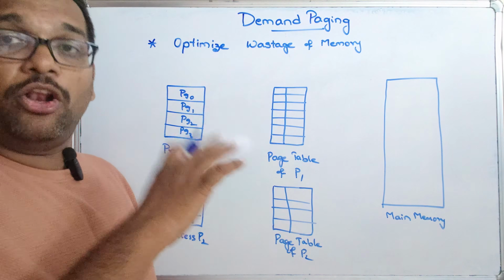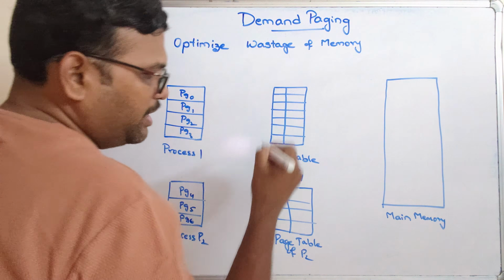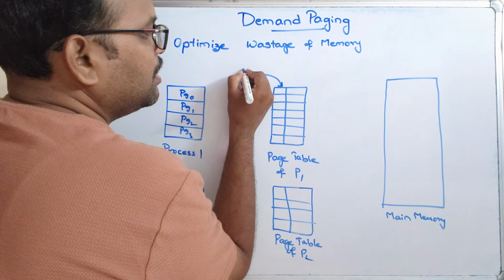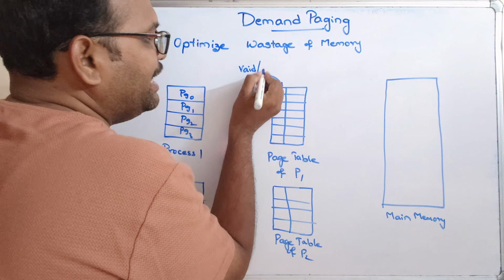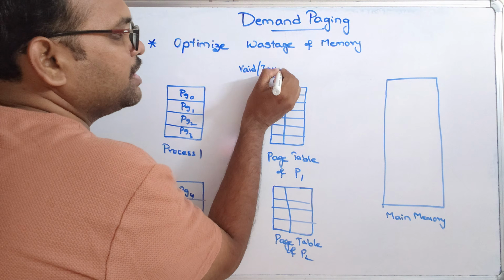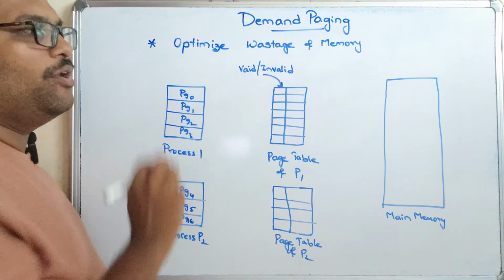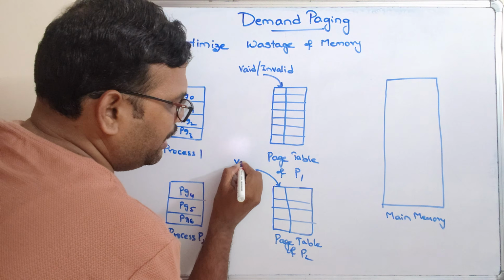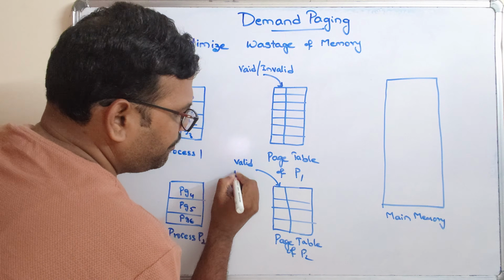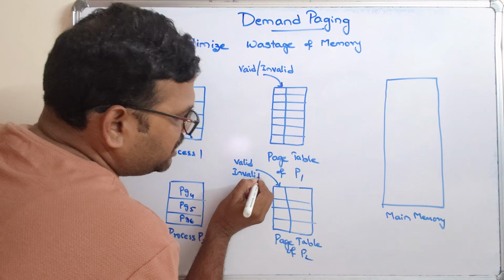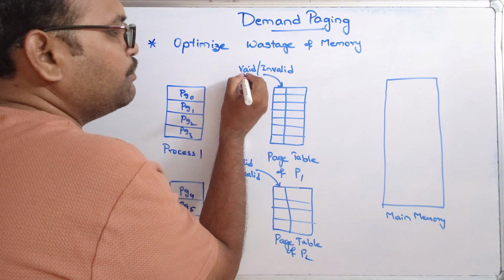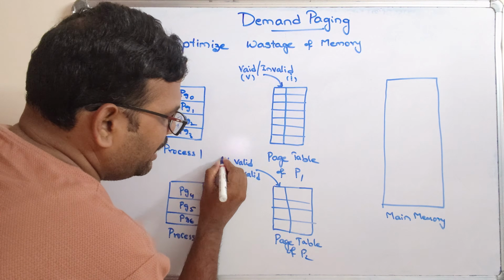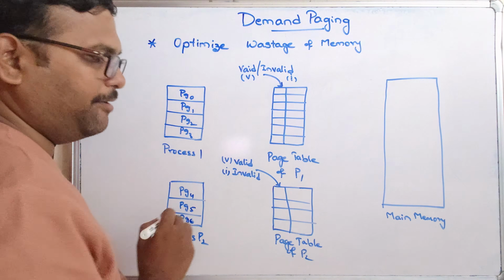Apart from that, there will be a lot of bits, and the additional bit here is the valid or invalid bit to represent the status. Similarly here also, valid is represented as V and invalid as I.